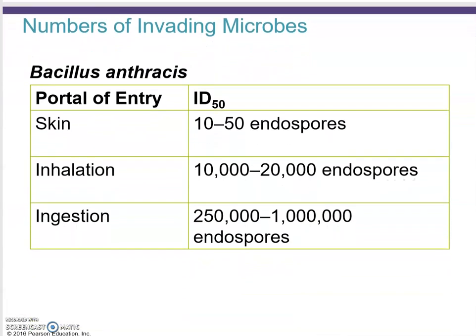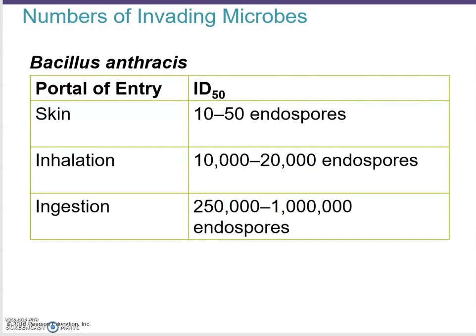So here are some examples for ID50, the infectious dose that it would take to infect 50% of a sample population. So here we're looking at an example, Bacillus anthracis, the cause of anthrax. If you're using the skin as a portal of entry, it only takes about 10 to 50 endospores. That's not much at all.